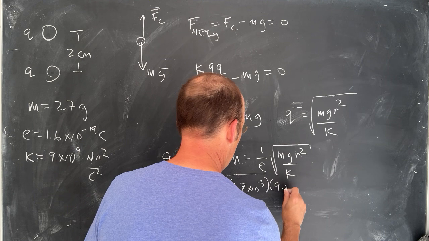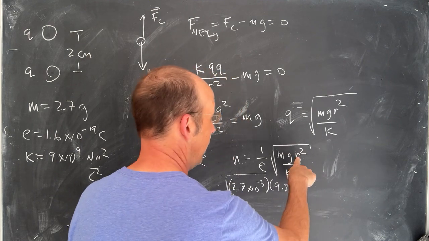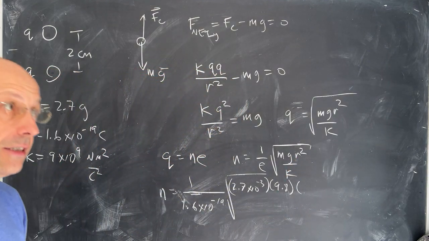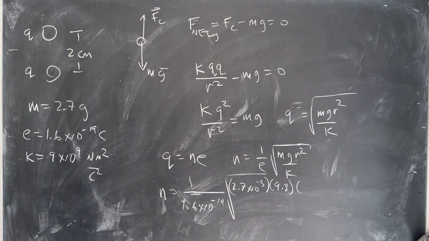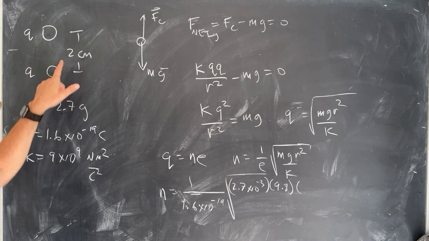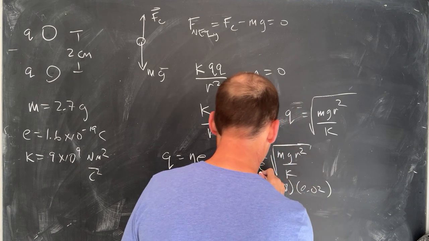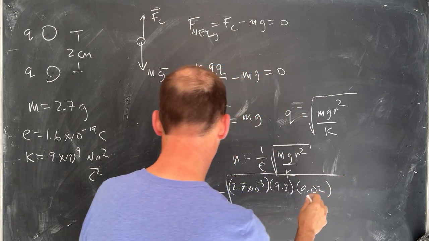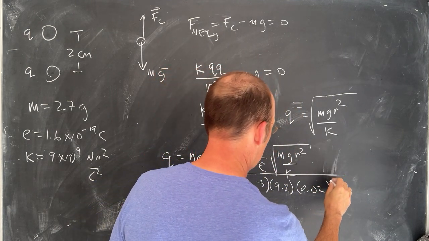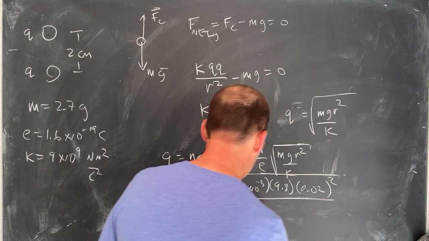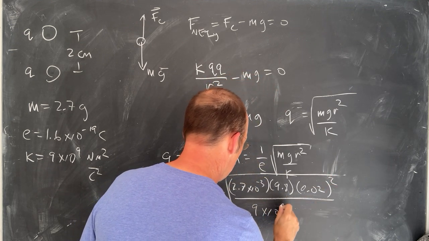G is 9.8. R is, again, since I'm using G in newtons per kilogram, I need to have the distance in meters. So this is going to be 0.02 meters squared. And then divide that by 9 times 10 to the 9th.